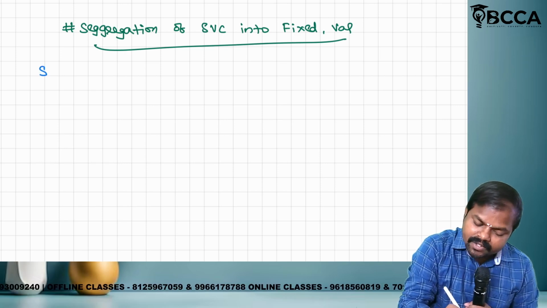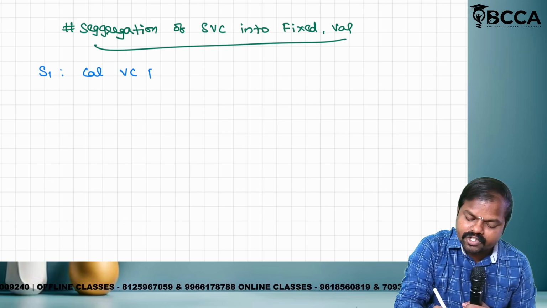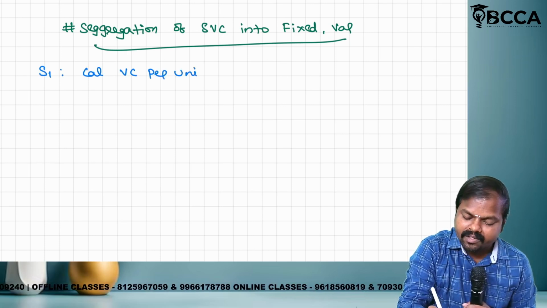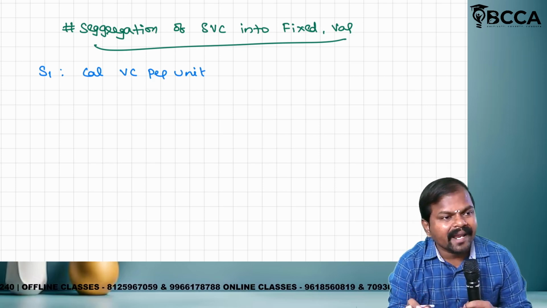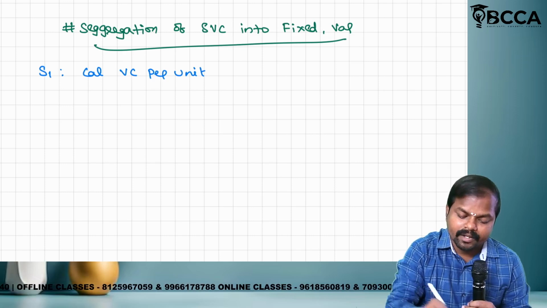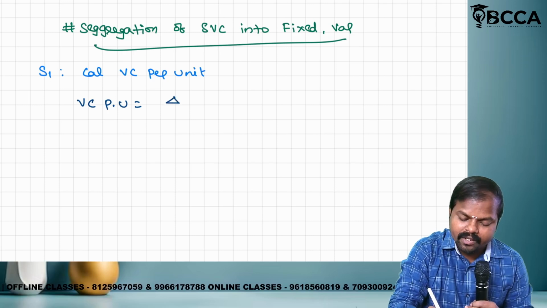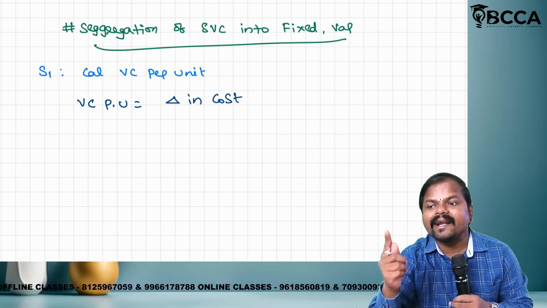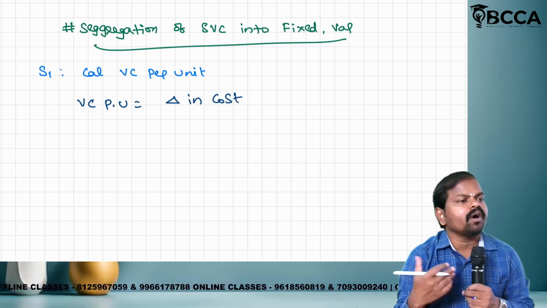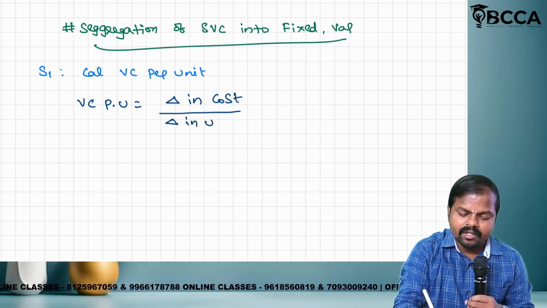Listen. Step number 1: calculate variable cost per unit. Variable cost per unit is equal to change in cost, or difference in cost, divided by change in units.